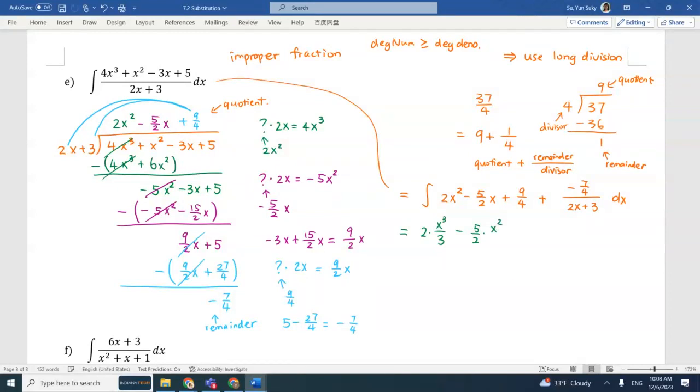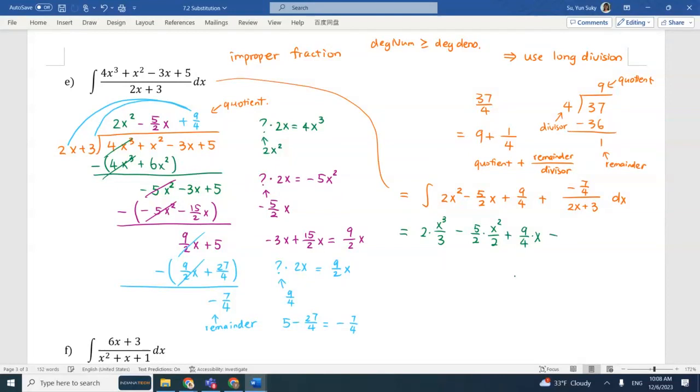X squared over 2. Can you also tell me the integral of 9 over 4? 9 over 4 times x. Yes. And then we still have one integral.